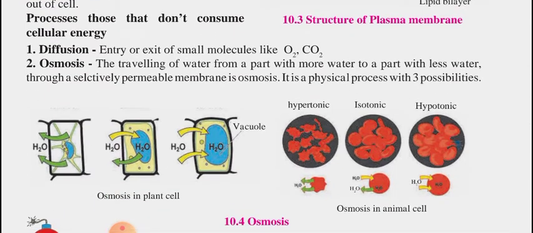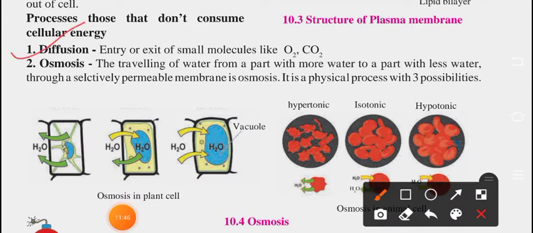The very first is diffusion. Entry or exit of small molecules like oxygen and carbon dioxide. As I said to you, in every corner of our body there is going and coming of oxygen and carbon dioxide.